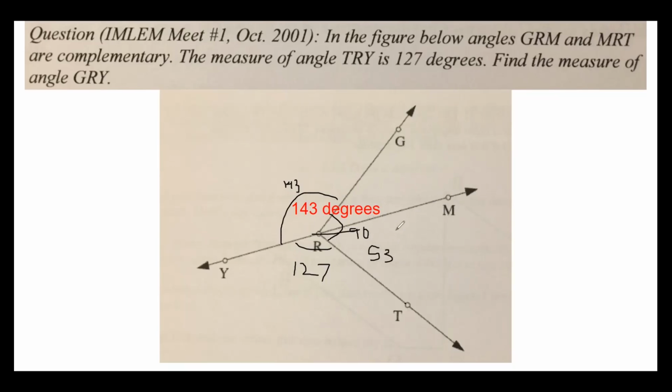That means GRM is 90 minus 53, which is 37. Then you can work with supplementary angles again with GRM and GRY, and that's 180 minus 37, which is again 143. So there are multiple ways to do this problem. Just find whichever way you think is easier for you.